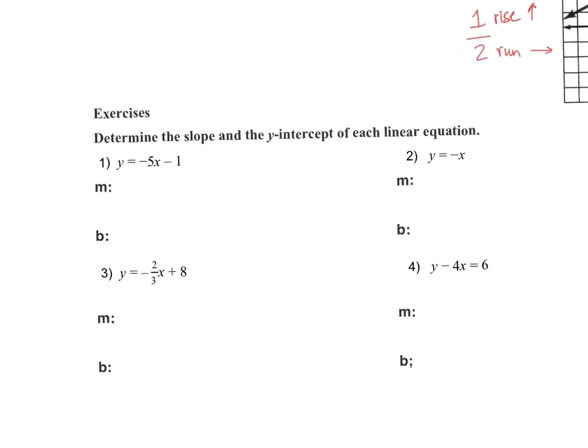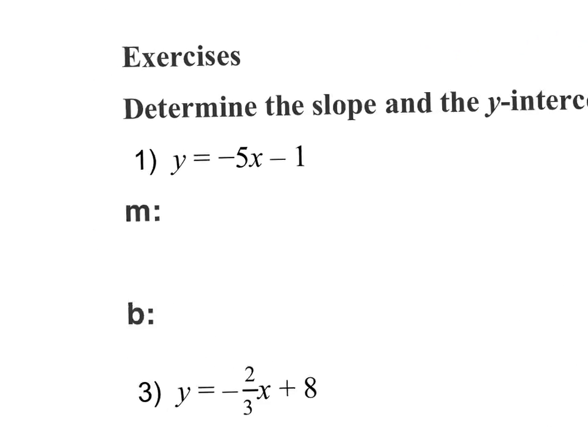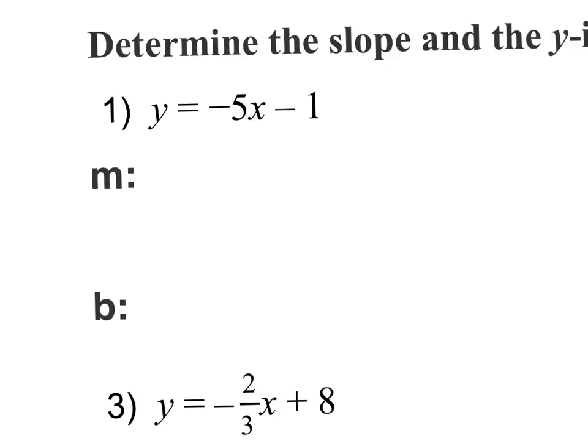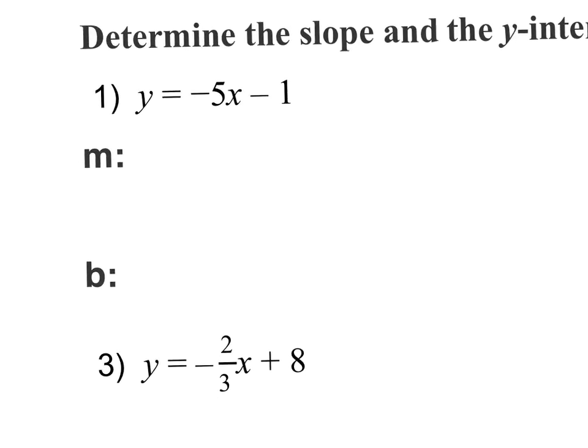Down at the bottom part, determine the slope and y-intercept of each linear equation. Literally we're just identifying each piece to make sure you know the difference. So y equals -5x minus 1. Which of those numbers is your m, or your slope? -5, good. Remember, m is your slope.